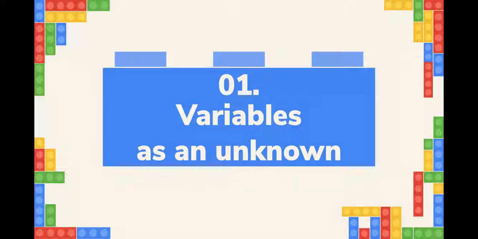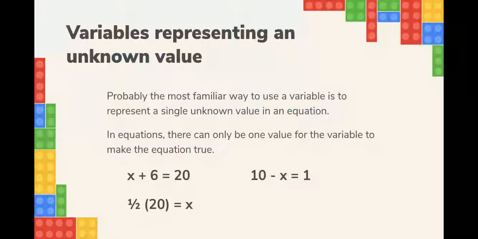One way we use variables is to represent an unknown. Probably the most familiar way to use a variable is to represent a single unknown value in an equation. In equations, there can only be one value for the variable to make the equation true.